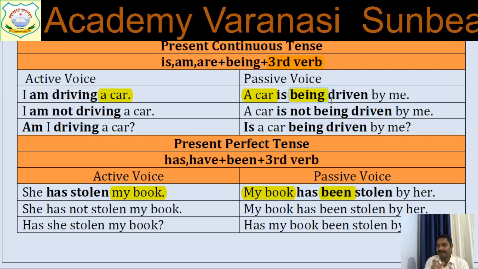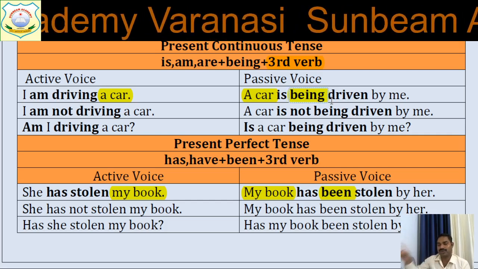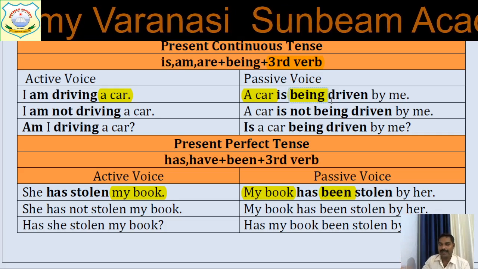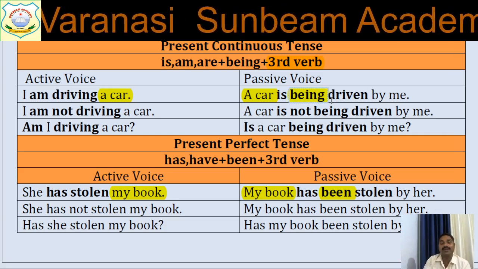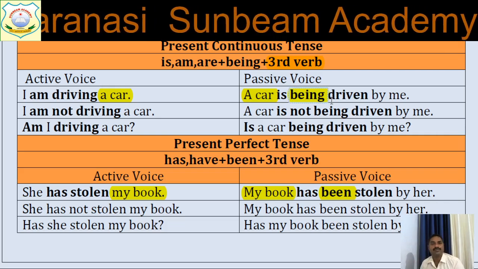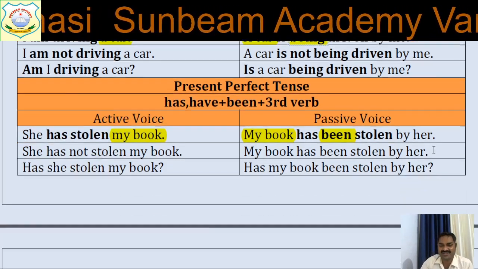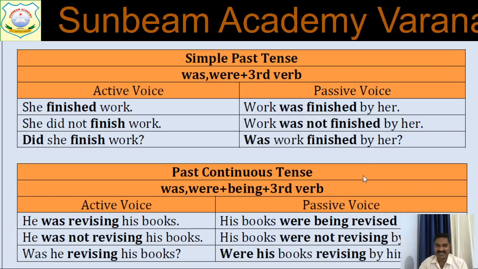Okay. And if the main verb in continuous tense is written in ing form, you will have to change it with being in passive voice. And you cannot write the car has been being driven by me. Has been being cannot be written. So to avoid such errors, we do not make use of these sentences in passive voice.